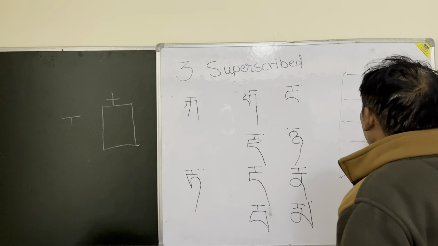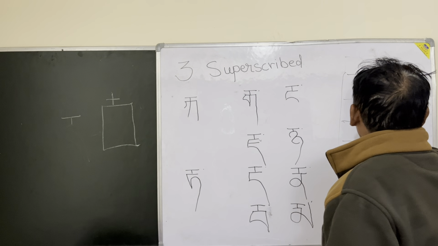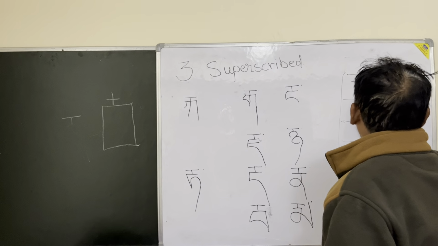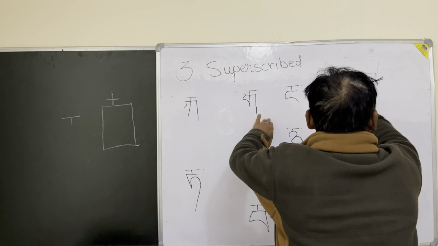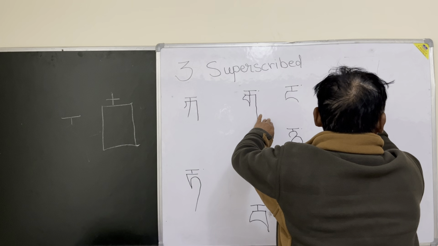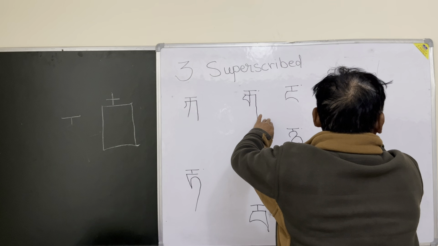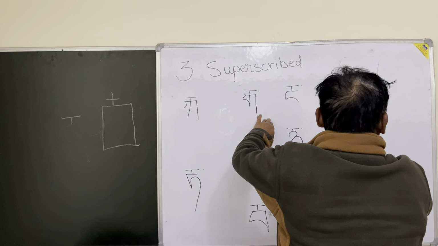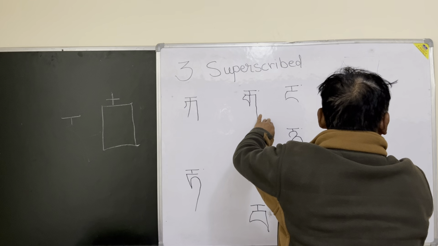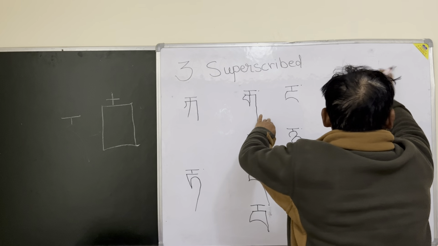Now let's say Ra, Gatak, Ga, Yata, Kya, Shabju, Gyu.